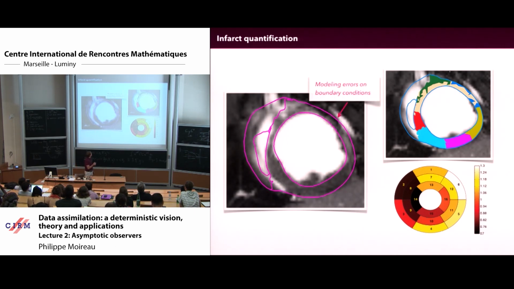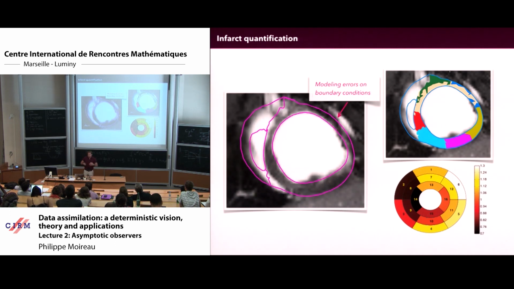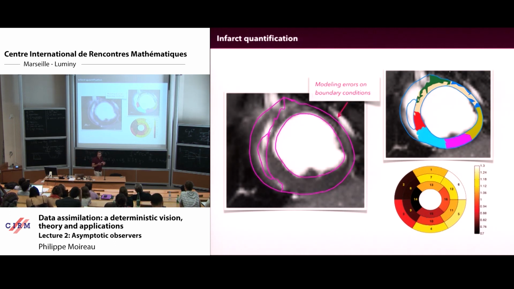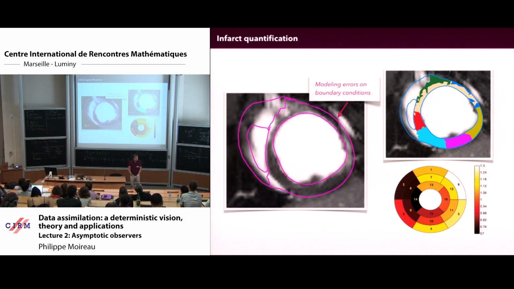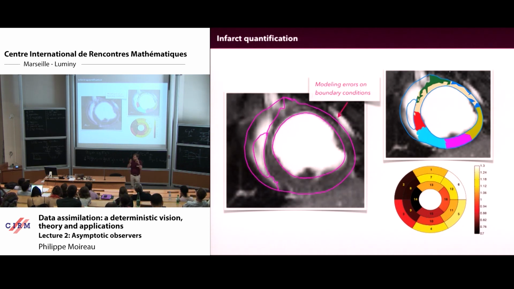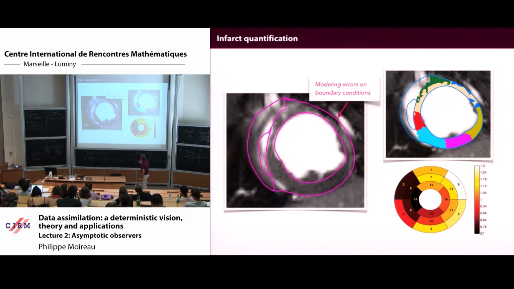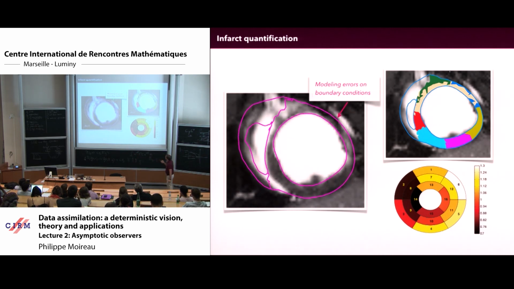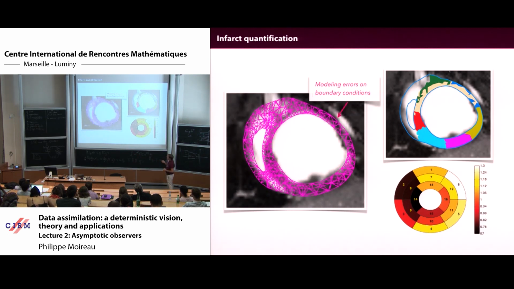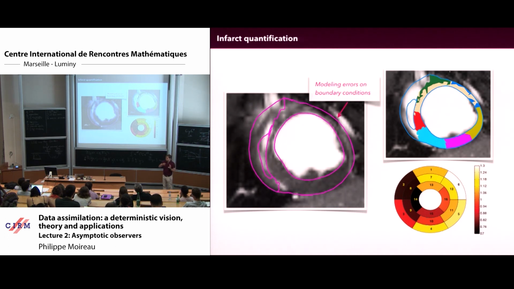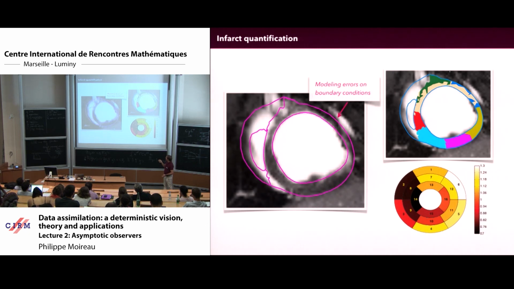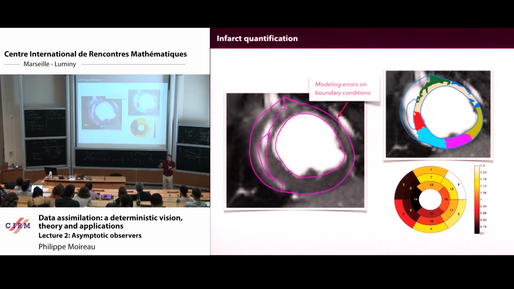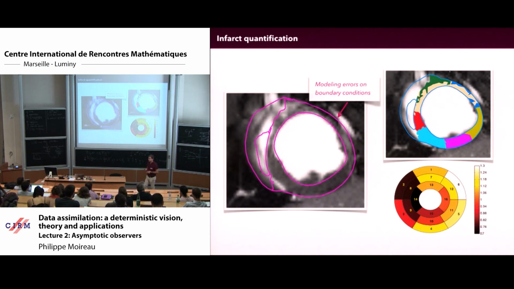The problem is that here, since we are just trying to simulate the heart, we need to put some artificial boundary condition in order for the heart to not actually fall down. The real heart is a little bit sleeping on the boundary condition, and we did not use, at that time, sliding boundary condition.